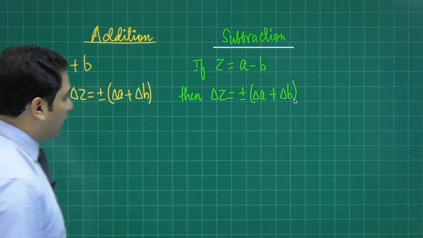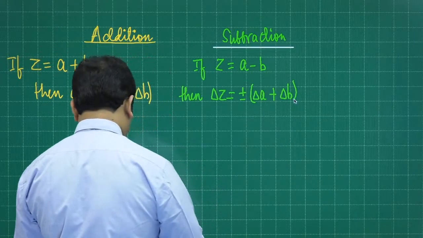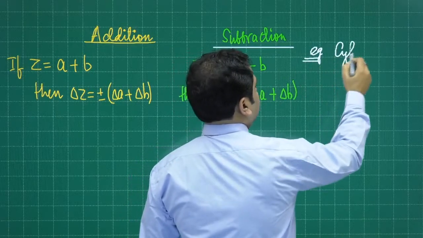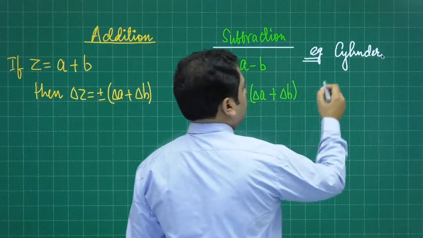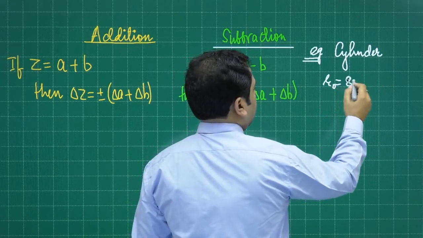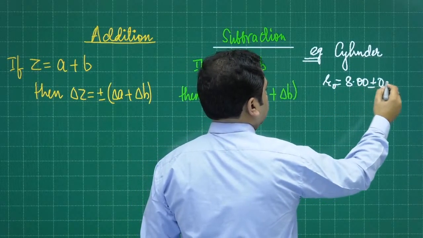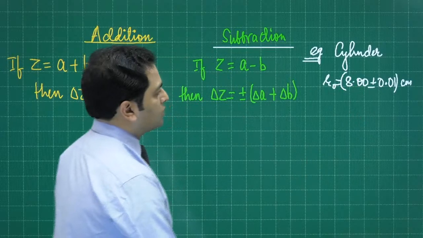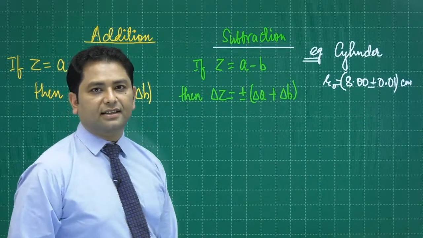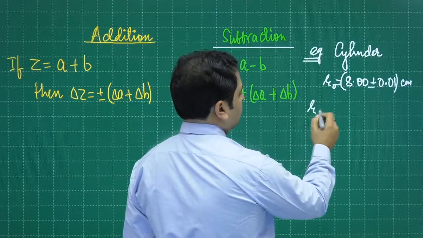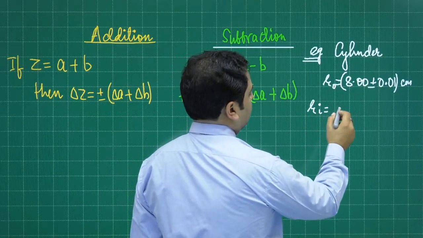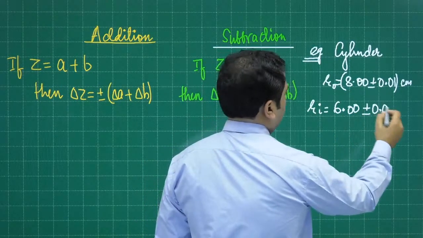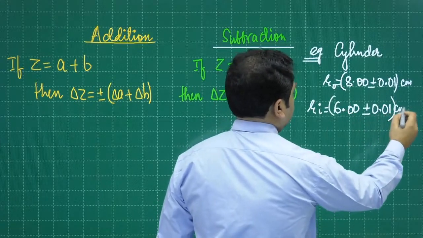All right, so why don't we have a numerical here? Let's try to see the example. Suppose there is a cylinder and the cylinder has outer radius 8.00 plus minus 0.01 centimeter. And the inner radius of the cylinder is, let's say, 6.00 plus minus 0.01 centimeter.